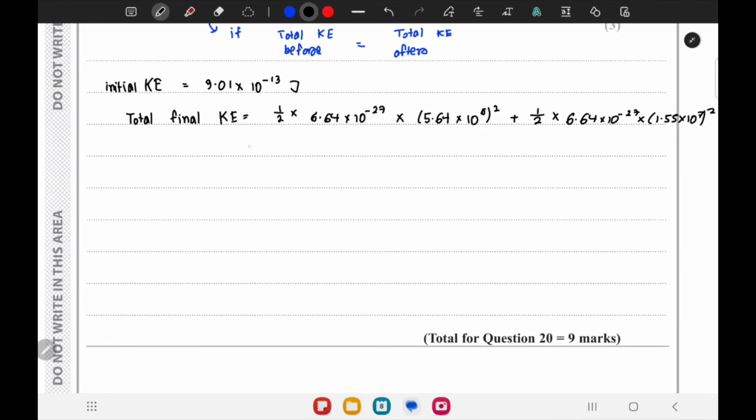This would be squared as well. So the total final kinetic energy would be 9.04 into 10 to the power minus 13.